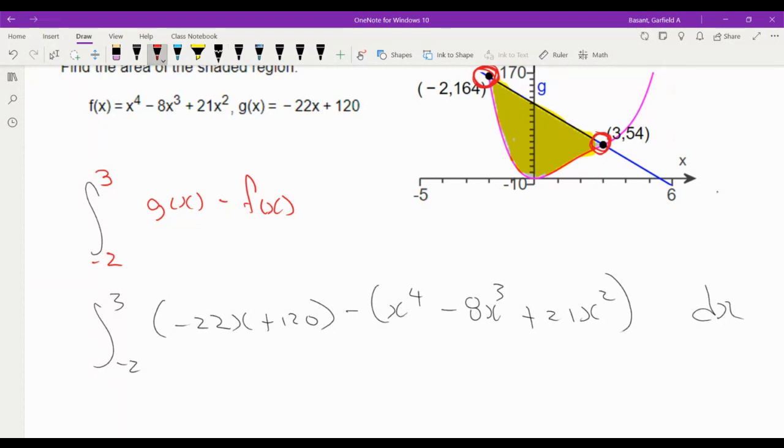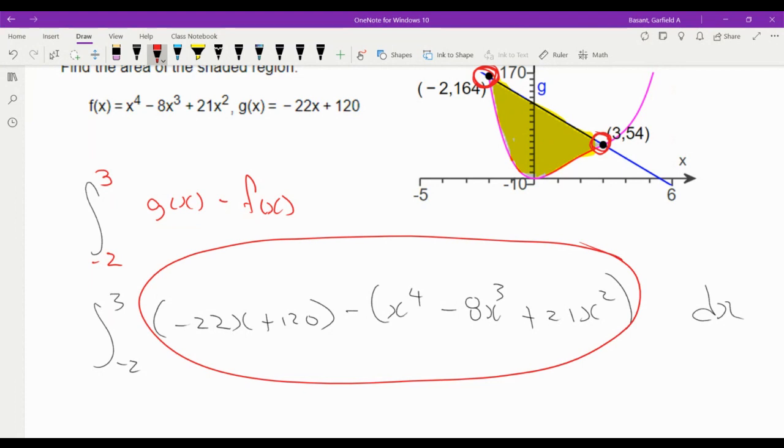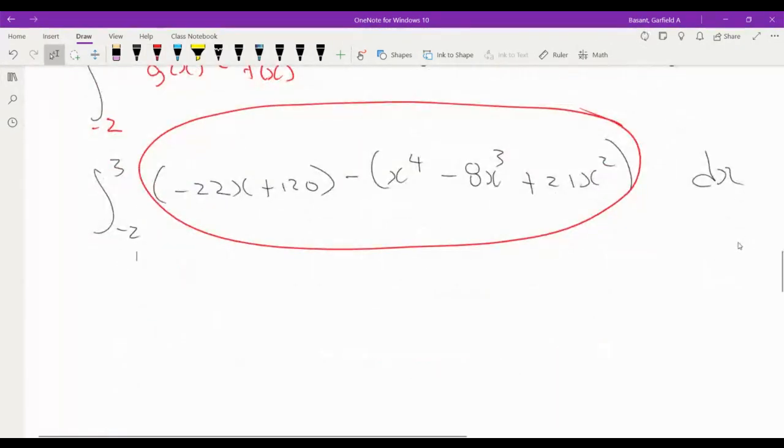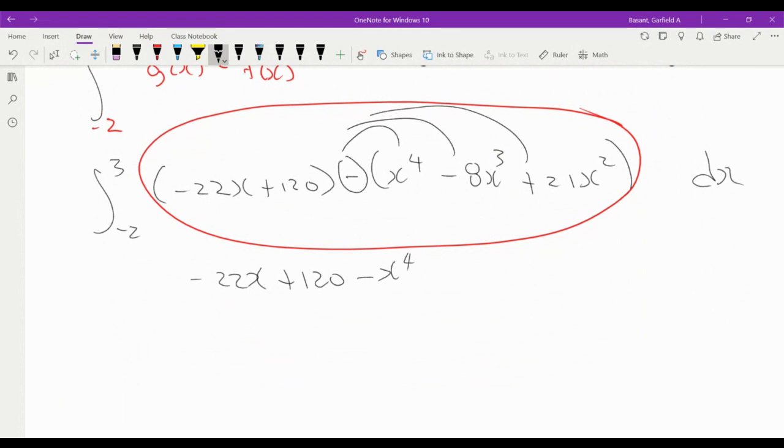So what we have to do now is simplify this, which is just a little algebra, right? We're going to remove the parentheses: negative 22x plus 120 minus x to the fourth. Since it's negative, it gets distributed over everything. Plus 8x to the third minus 21x squared.